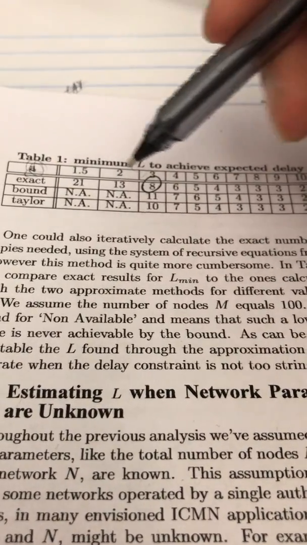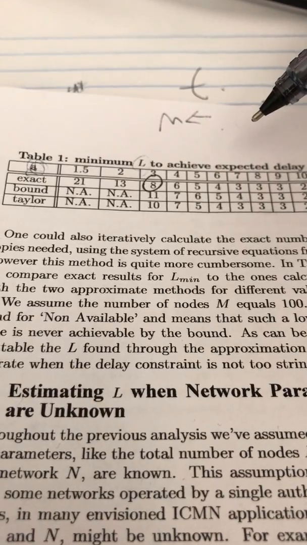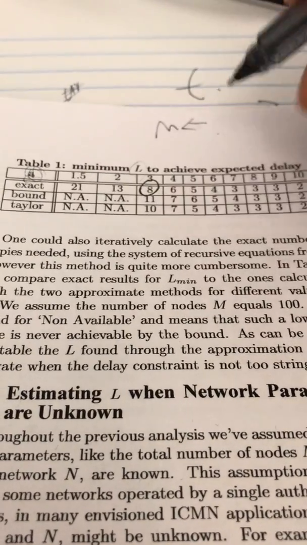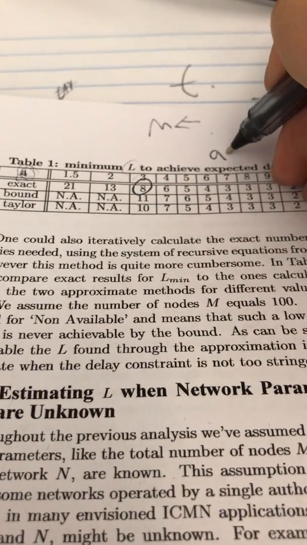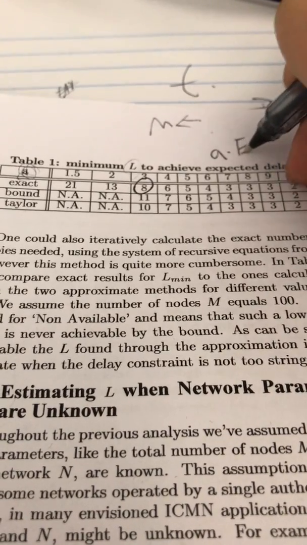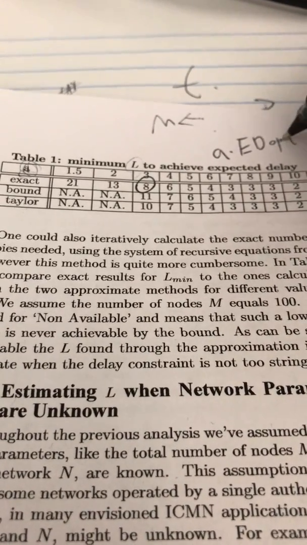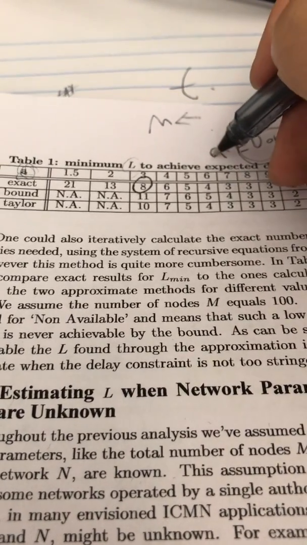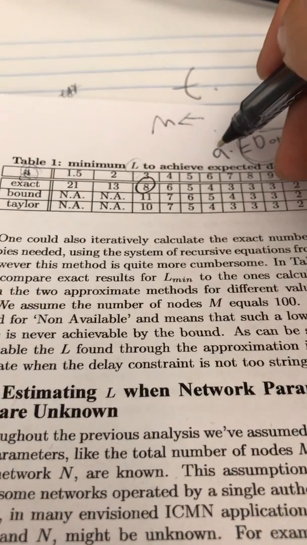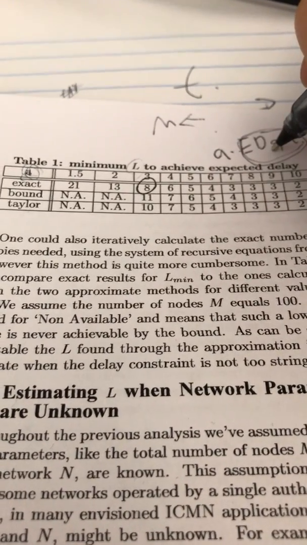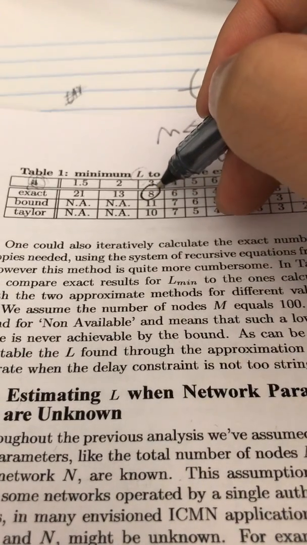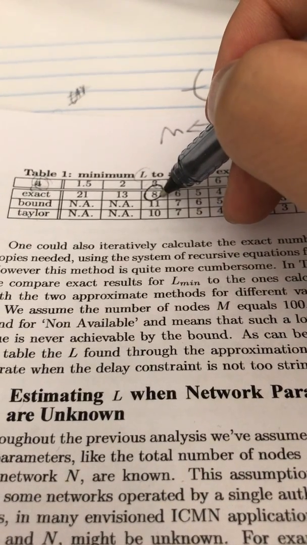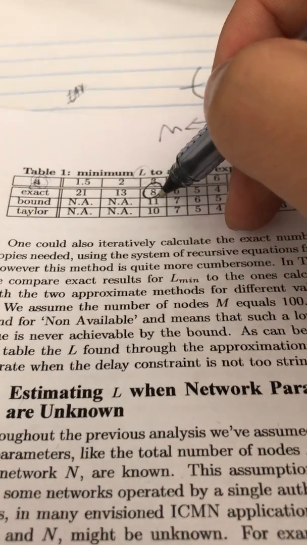A is the ratio that represents the expected delay, in terms of ED opt. Opt means optimized delay, which is the minimal delay theoretically, and they expect the actual delay to be a times the optimized delay. Here I chose 3 times the optimized delay, and in that case L here is 8.